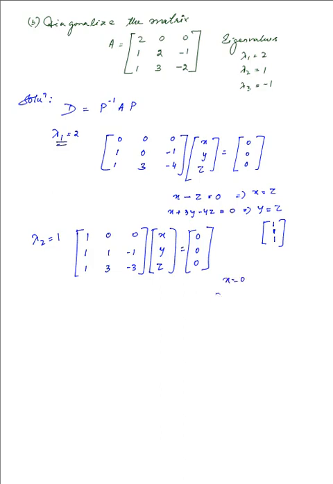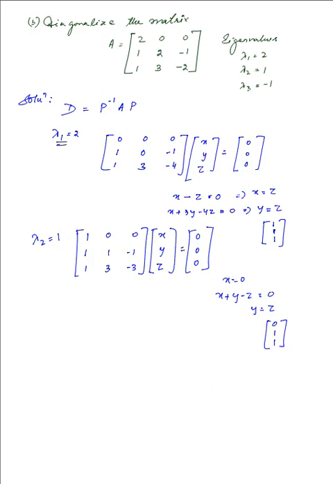And for the next case, we have x plus y minus z to be equal to 0. Well, this solves everything because y is equal to z now. Now with x is equal to 0, y is equal to z, we can put z is equal to 1. We have this eigenvector to be 0, 1, 1.